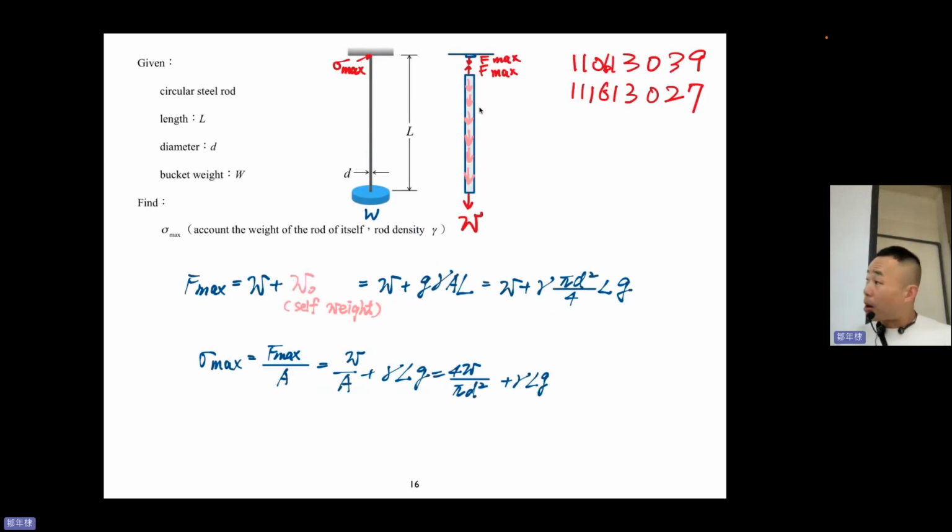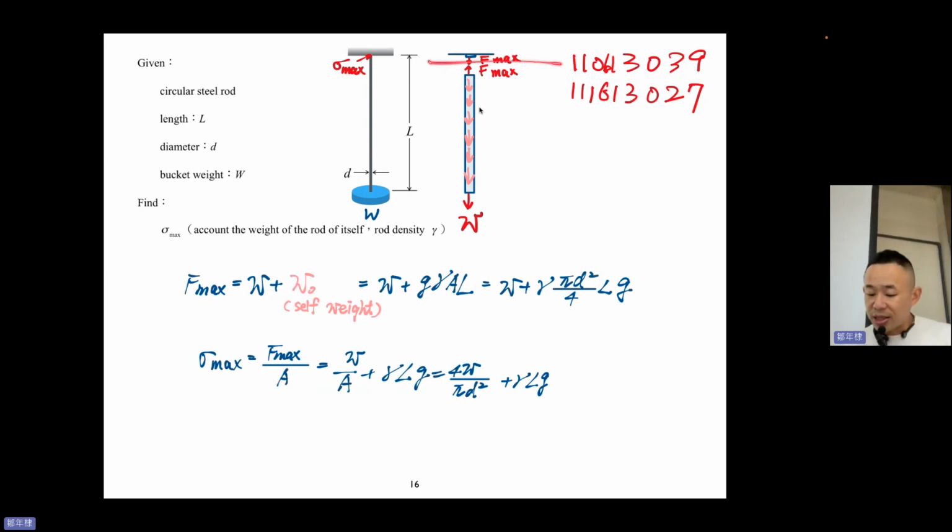Then this part we talked about the self weight of the rod. The concept of this example is that if we want to examine the stress at any point, we just need to cut it.